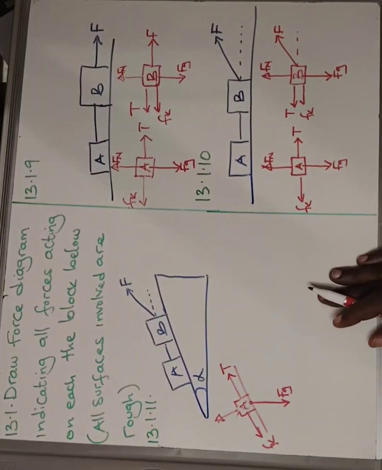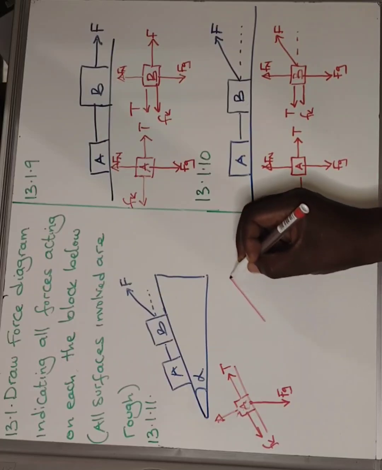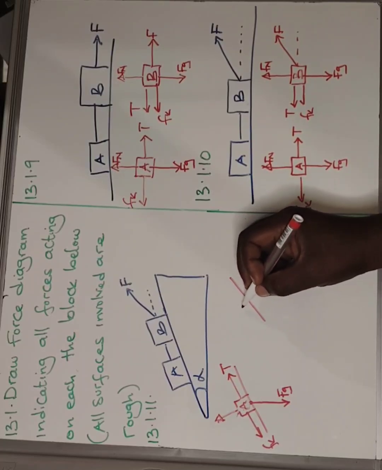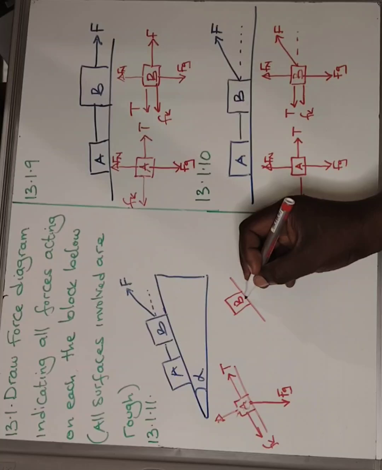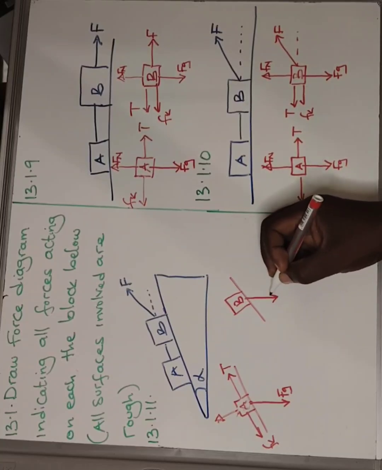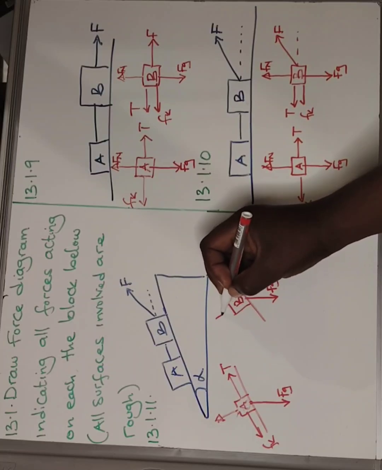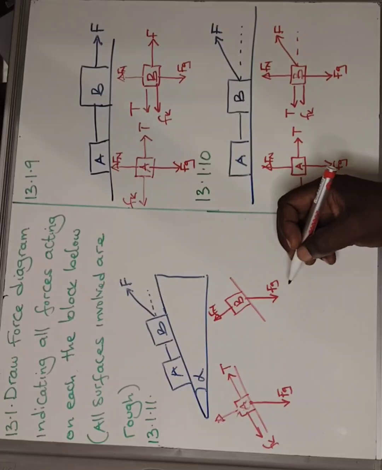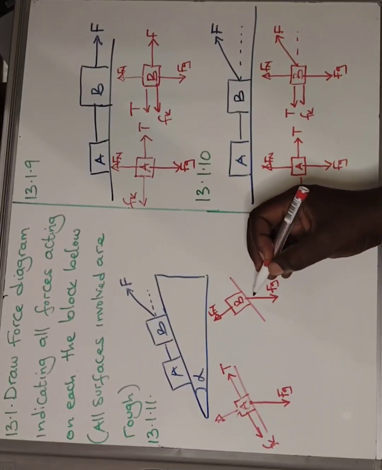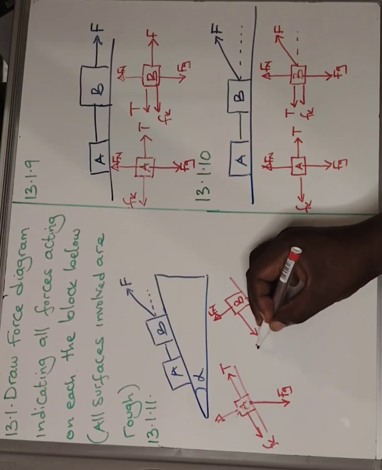Let us go to B. For B, what do we know? We have our traditional gravitational force. The normal force is due to being on the surface, so we have it there. We have the string which brings in tension.